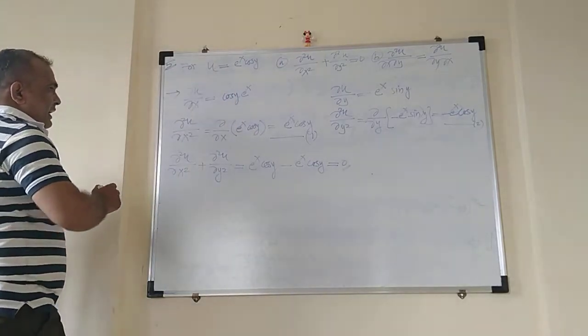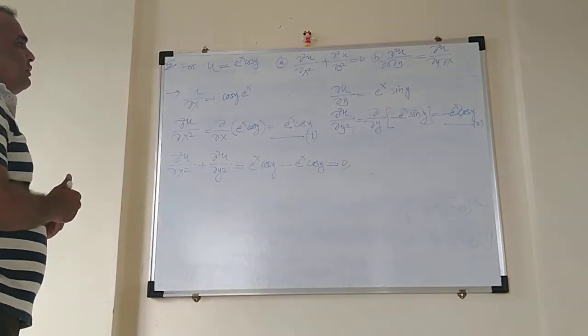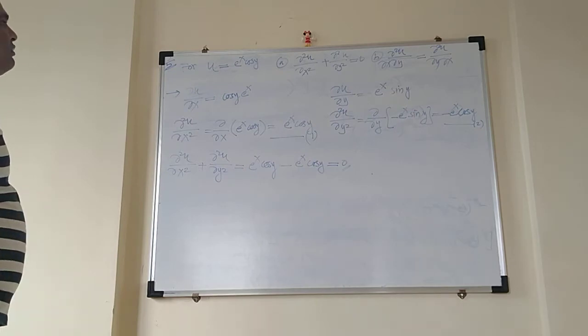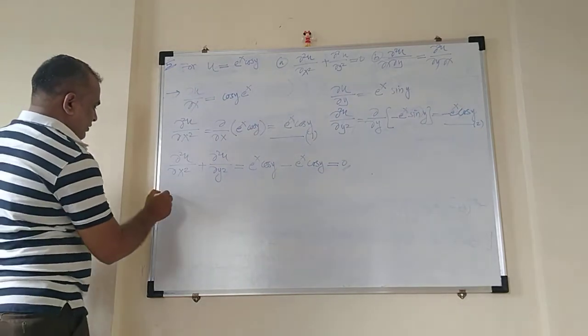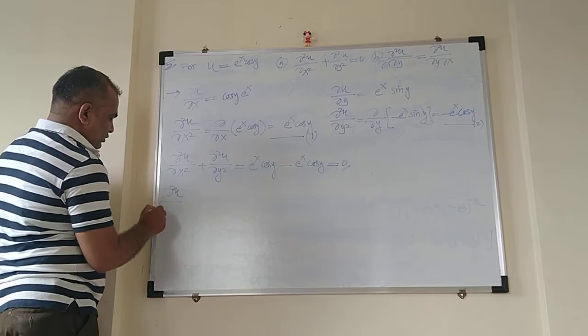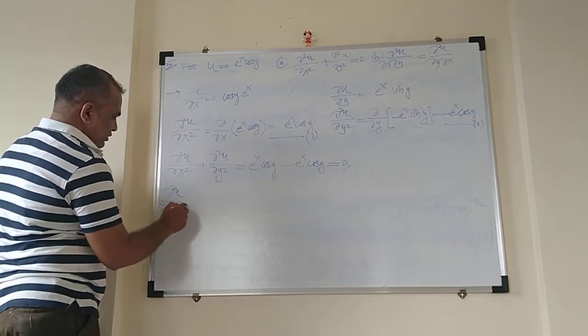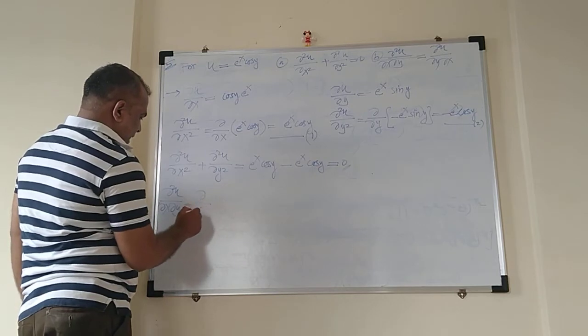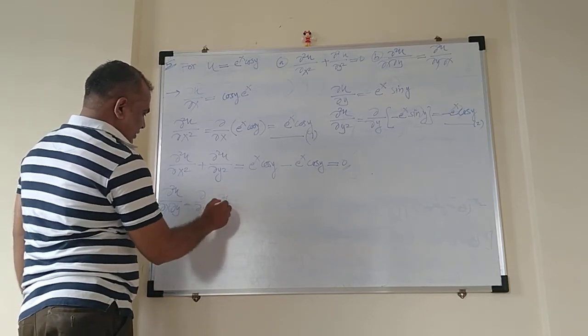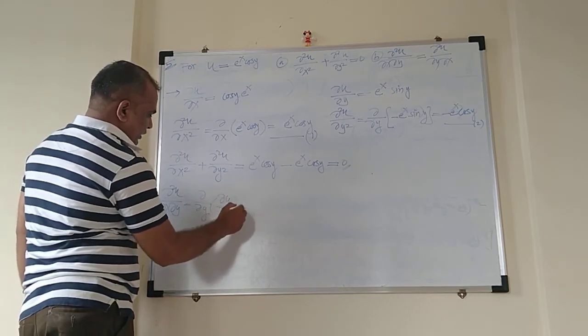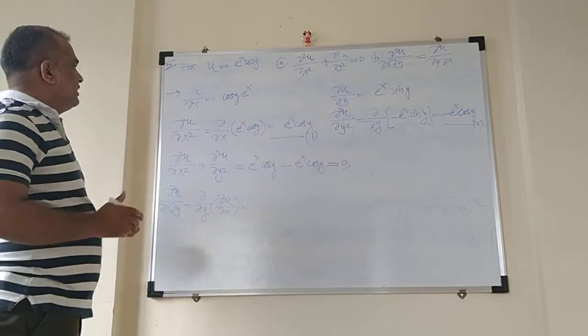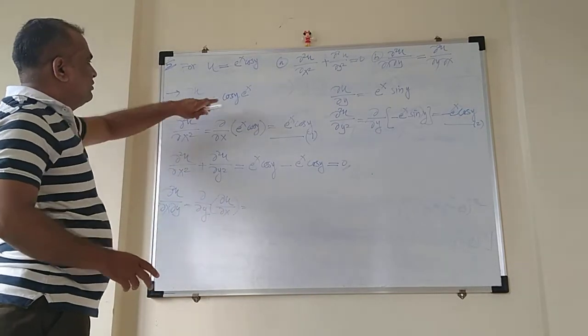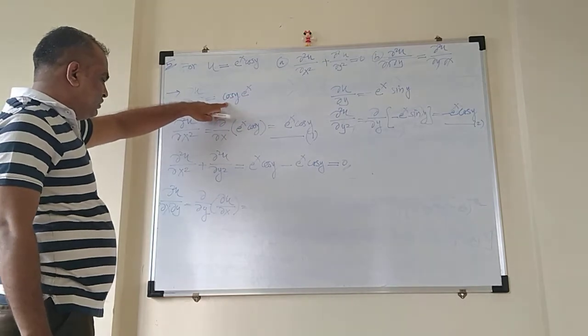And let's move to the second result. For the second result, calculate the value of dou 2u by dou x dou y, and this is nothing but dou by dou y of dou u by dou x. Now dou u by dou x is already calculated. Dou u by dou x is equal to e raised to x into cos y.